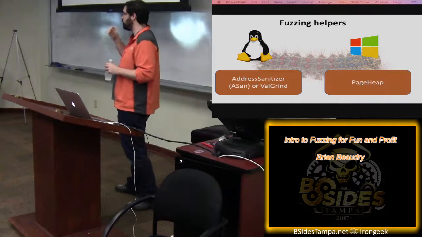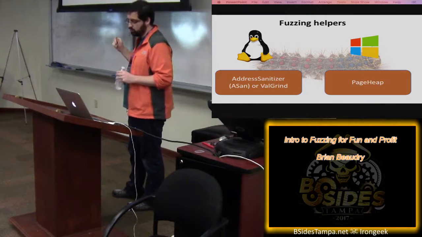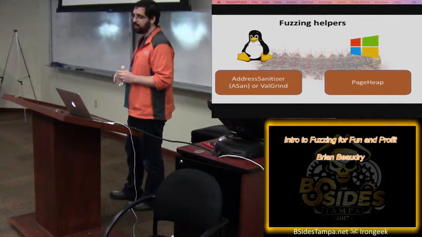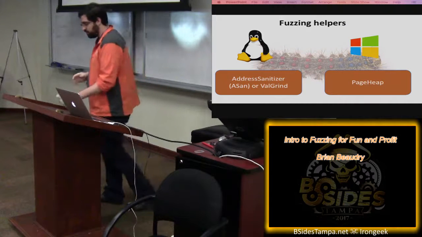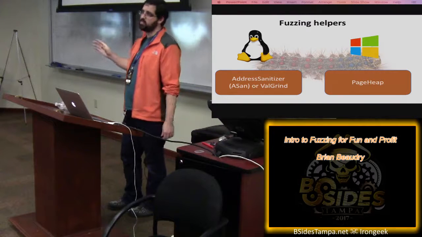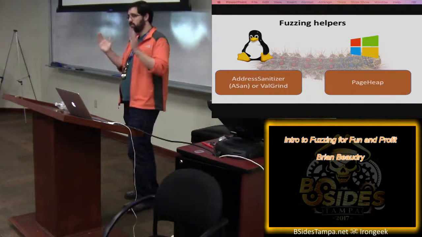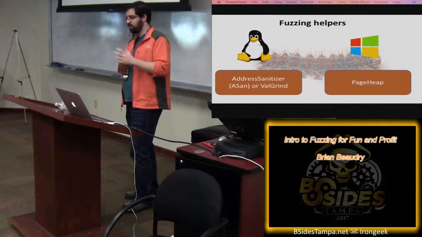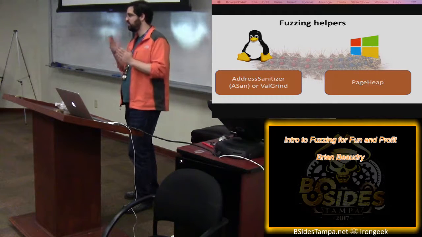This is a tool built into the Debugging Tools for Windows. What it does is tell the operating system, whenever you launch this application, when that application requests memory, put some guards around that memory. And if there's ever any incursion into that guard page, it'll set off an alert.